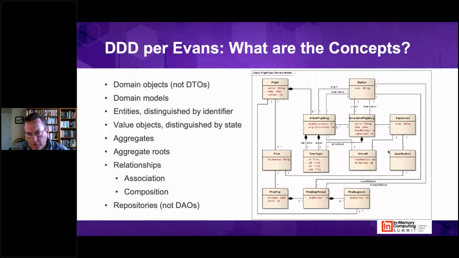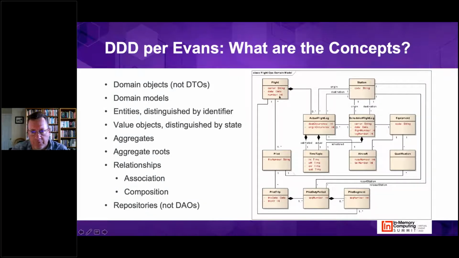So, aggregates in this model: a pilot trip is an aggregate. One pilot taking a trip for his company. A trip is comprised of duty periods, and duty periods are comprised of segments. These objects all group together in an aggregate, and the pilot trip is the root of that aggregate.